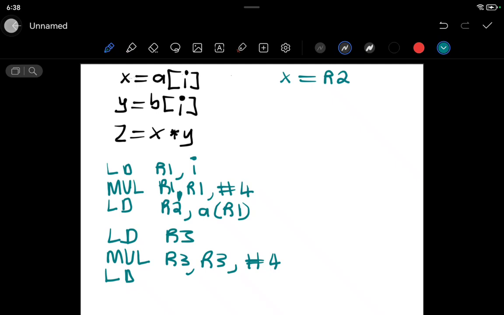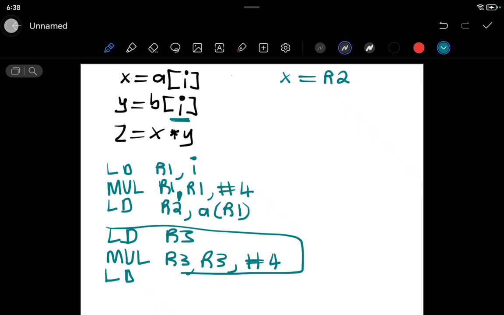But check this: here, I'm using the same variable, so there's no need for me to come and do this, and no need to do this too, because I'm using the same variable. If I was not using the same variable, there would be a need.